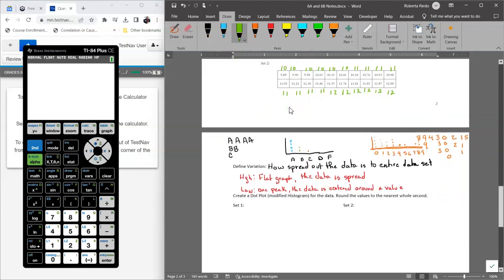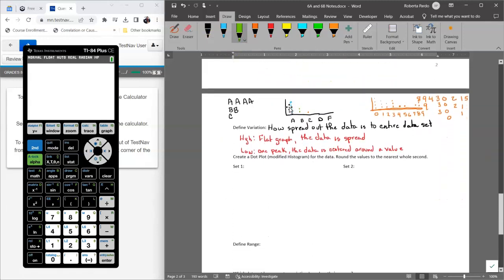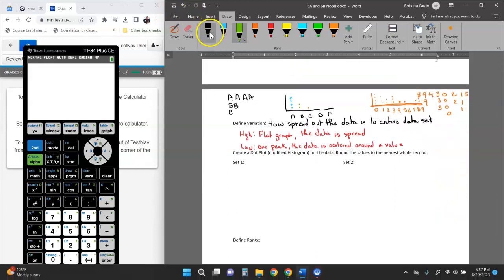So if we were to make this dot plot, we're going to use all the data. This is time in seconds, and we have 10, 11, and 12, because that's for both data sets. We used the same axis to combine that. And we have a whole bunch of 10s.